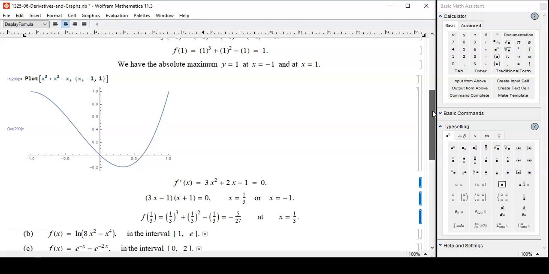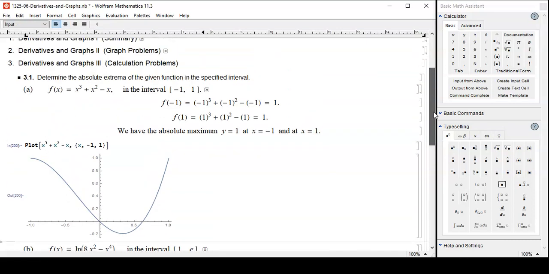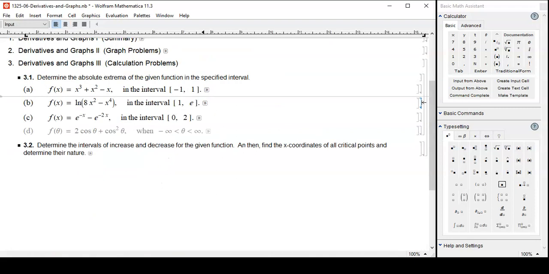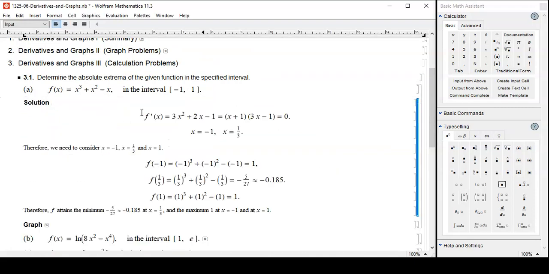That's how you can do it. Look at the picture first, and then endpoints are always candidates. Plug in and do your computation. Take the derivative, set it equal to 0 for additional candidates. Again, calculate. The biggest is the absolute maximum. The smallest is the absolute minimum. It can be tedious, but with the help of a calculator, within time you can do it. Here's a solution.